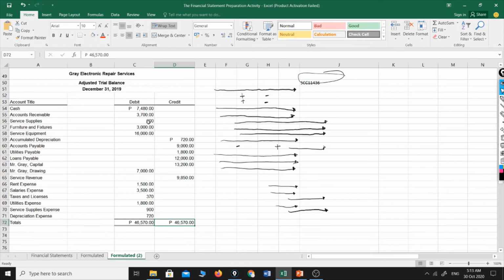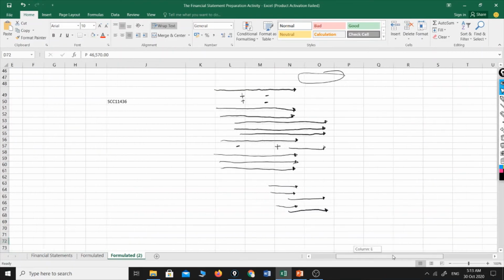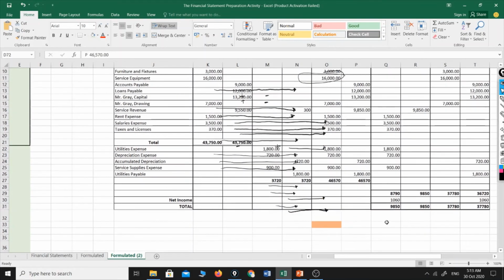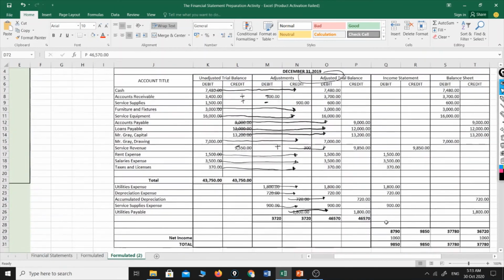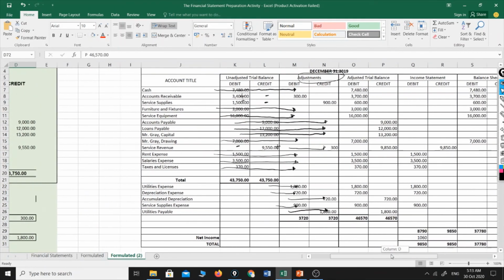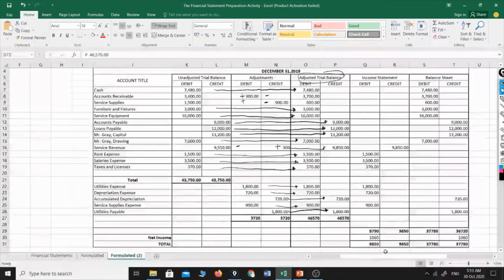We will just use this worksheet again for us to read and to make it easier in processing all of this financial information, or all these financial elements that we have. So we also have 46,570 for both debit and credit.